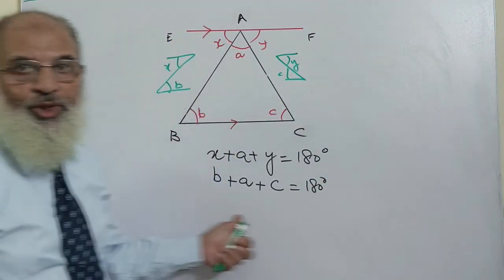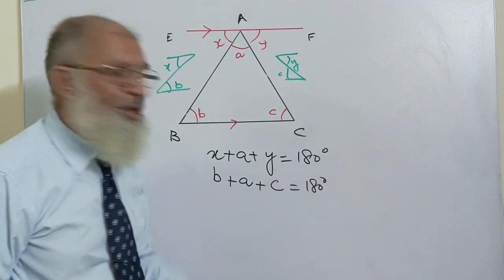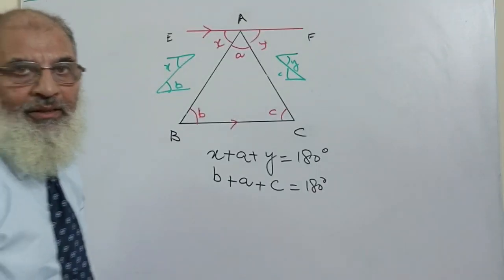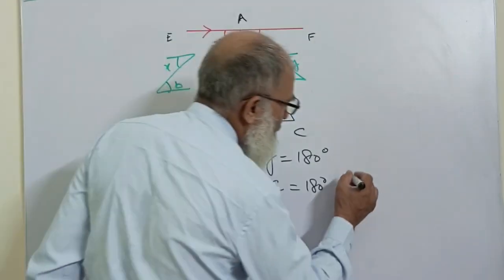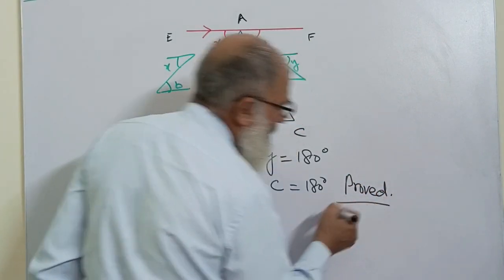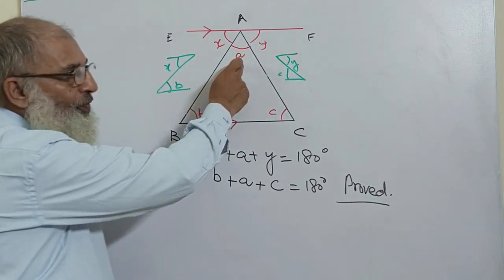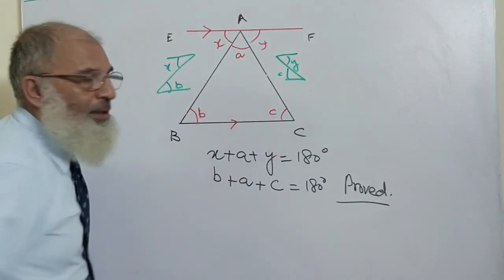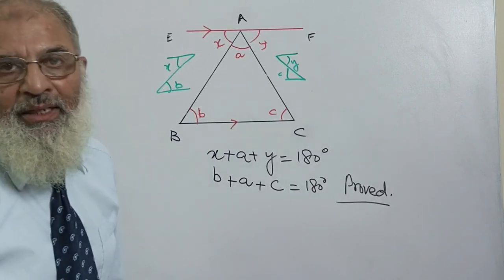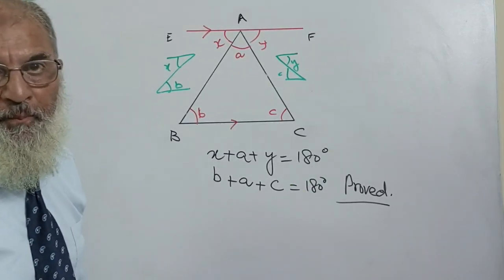So what is the conclusion? A plus B plus C is equal to 180 degrees. So it is proved that the sum of interior angles of a triangle is always equal to 180 degrees.